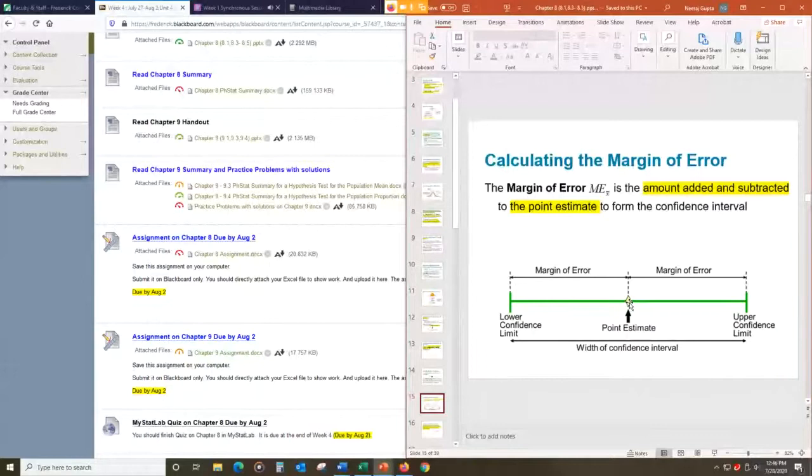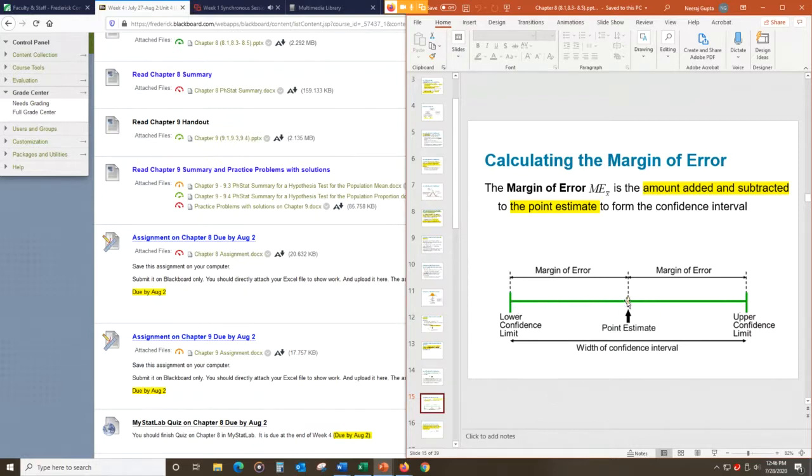So we move in either direction from the sample mean, which is my point estimate, so that I can say with a given confidence level that no matter what sample you choose, the population mean will be within this interval.